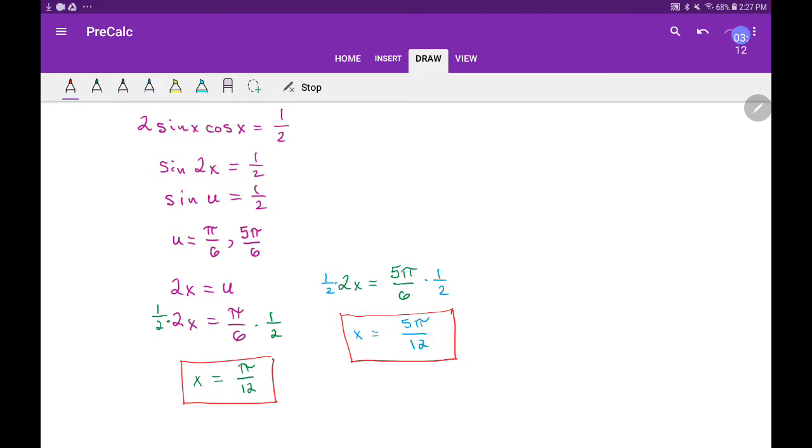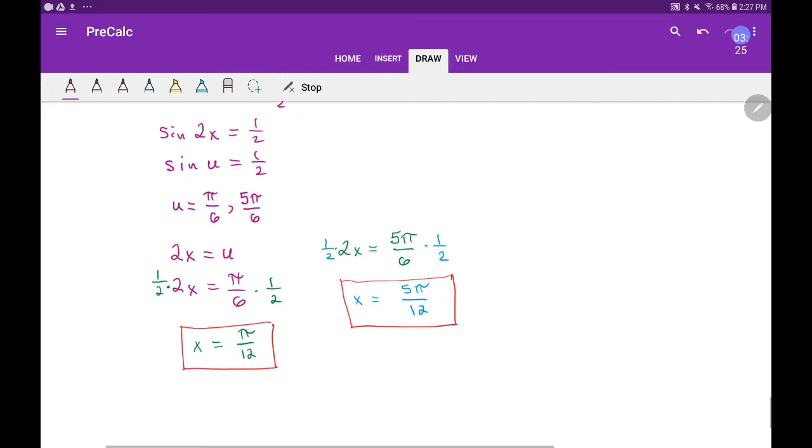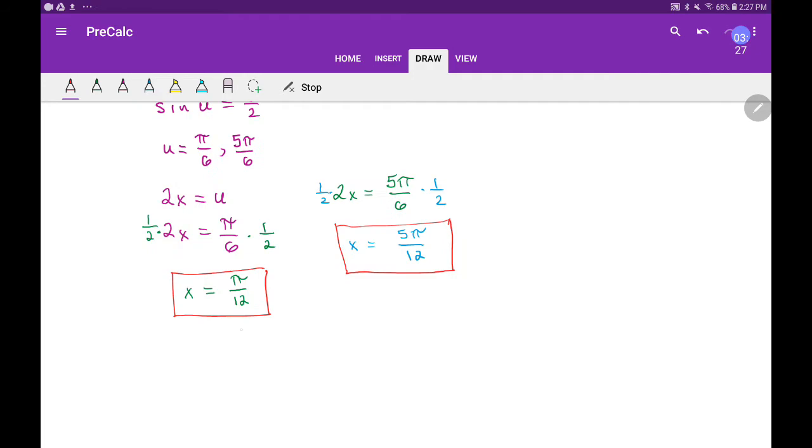But this seems like we're not even halfway to pi yet, if you notice. This is pretty small. Pi divided by 12, that's pretty tiny. 5 pi divided by 12, that's not half. 6 pi over 12 would be half.